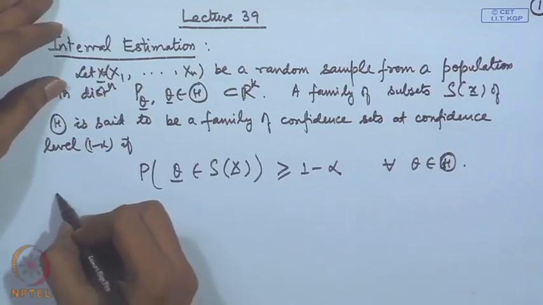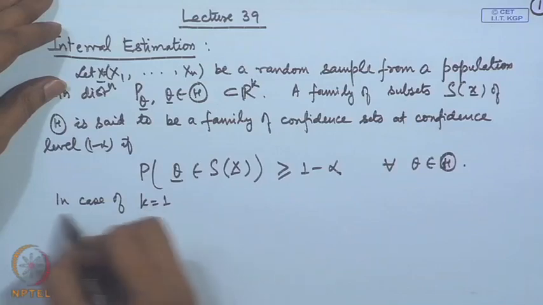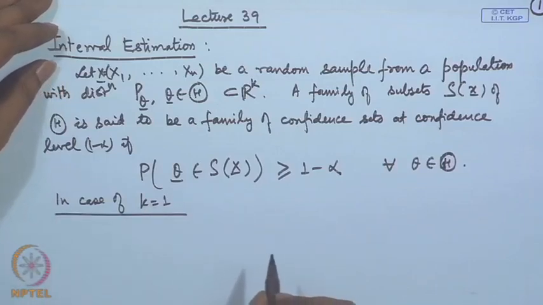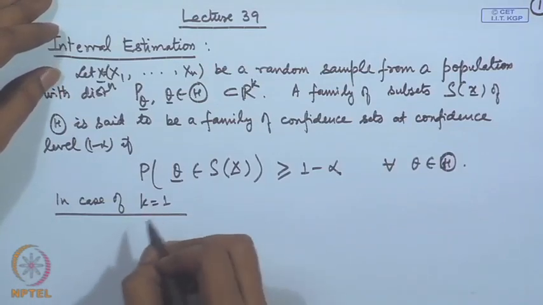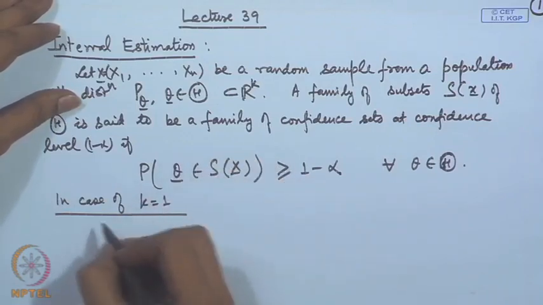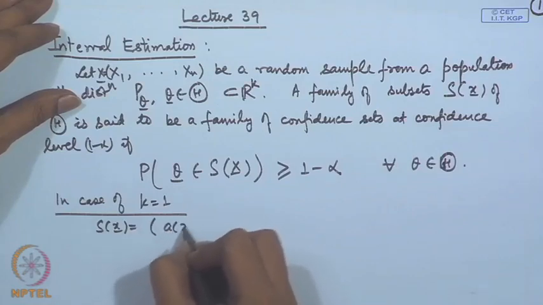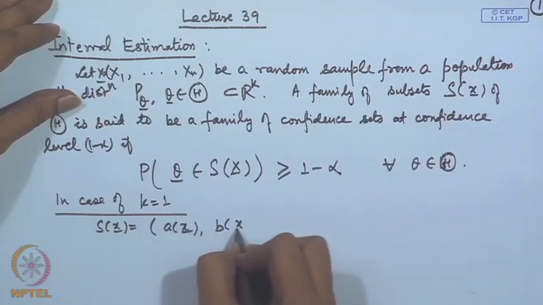Now, if I consider the one dimensional case, that is a real parameter, then we may consider this set to be an interval. So, we may say S(x) is equal to an interval of the form (A(x), B(x)).